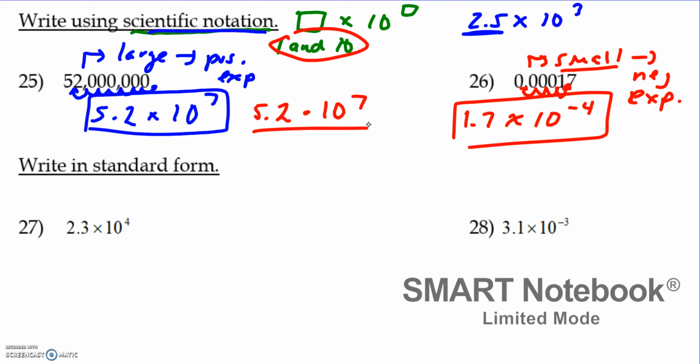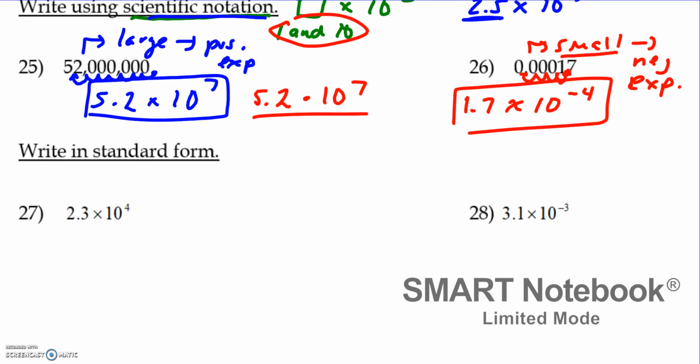Number 27 and 28 are asking you to do the opposite thing of 25 and 26. We want to write these in standard form, which really means we want to write it as a regular number, not in scientific notation. So 27 is given in scientific notation, and the decimal place is currently right here.